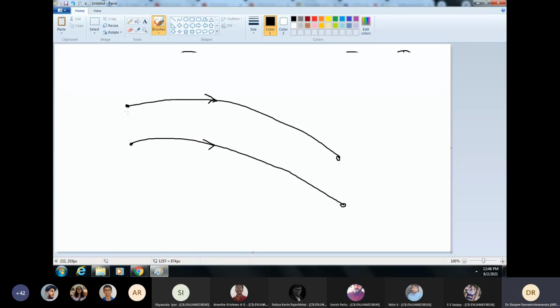In between, whatever there is, it will be here. In other words, no mass flow in this direction. So m dot is equal to 0, m dot in the normal direction.